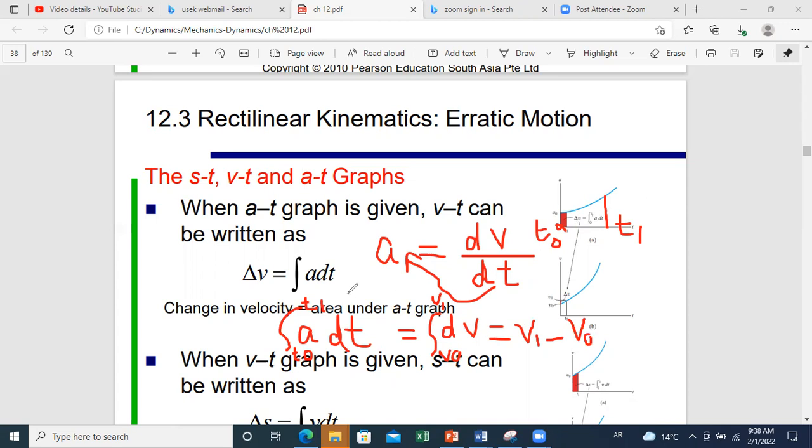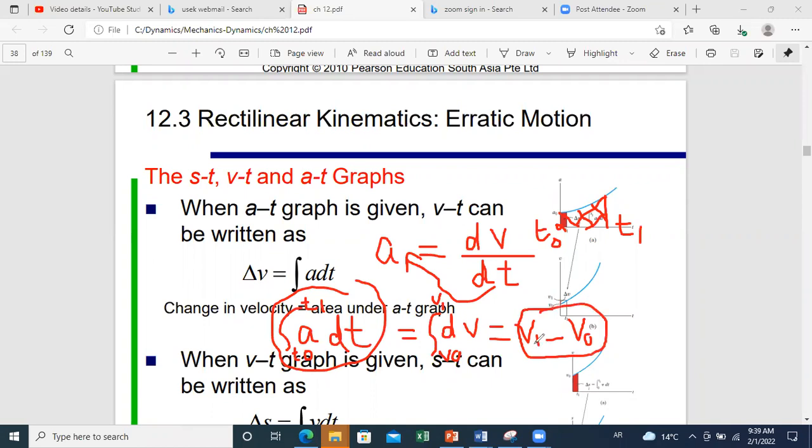You remember mathematically, the integral represents what? Exactly. It's the area under the curve. So if I'm able to measure this area here, I can determine the value of delta v. And then I just need a boundary condition to find v1.